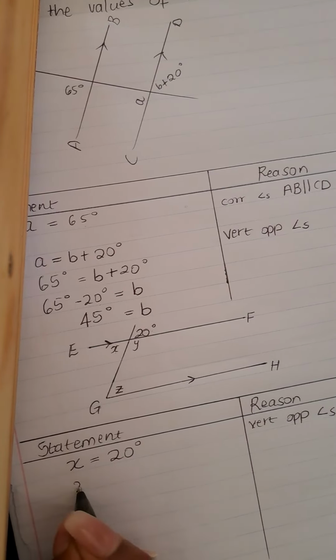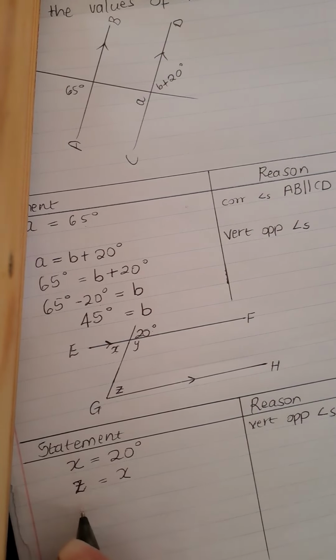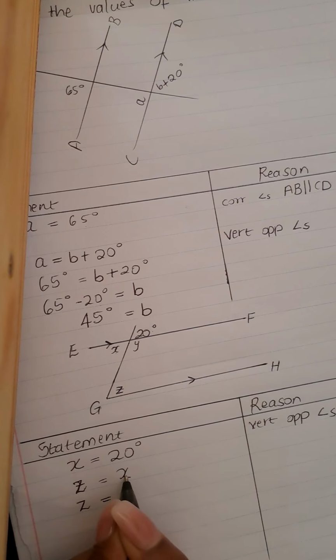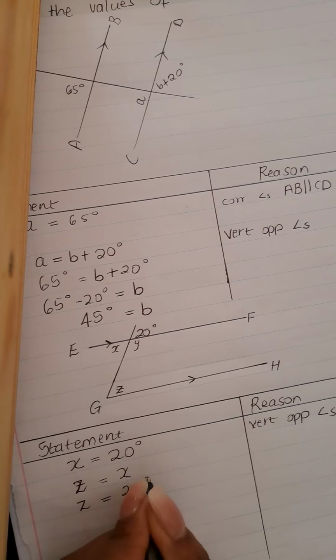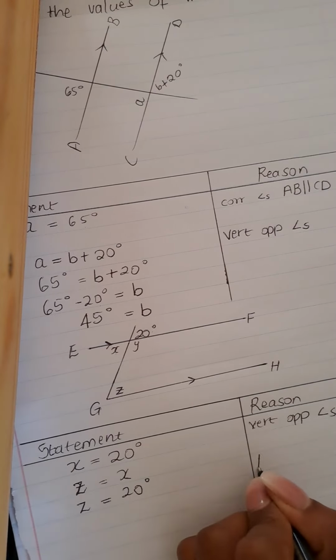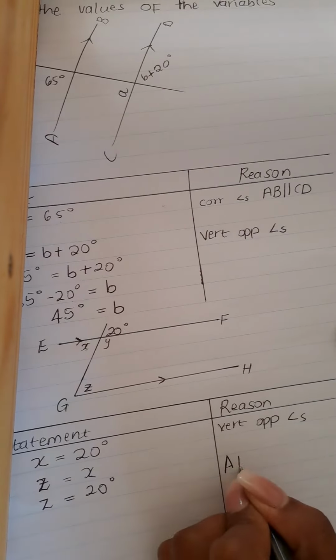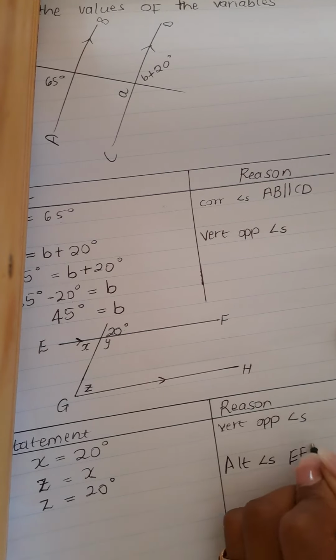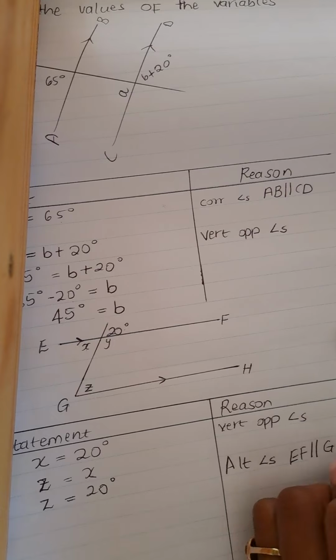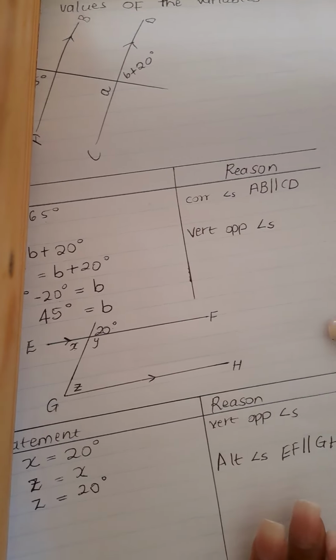So z is equal to x, and we already calculated the value of x. Our value of x is 20 degrees. Z is equal to 20 degrees. Your reason will be alternating angles, EF parallel to GH.